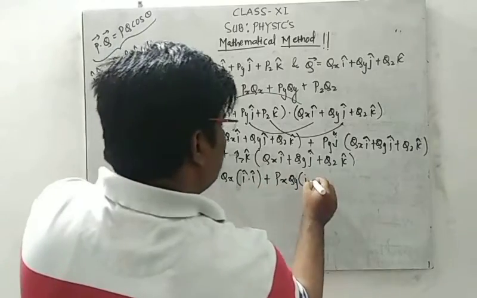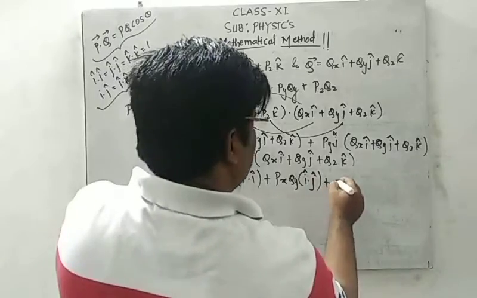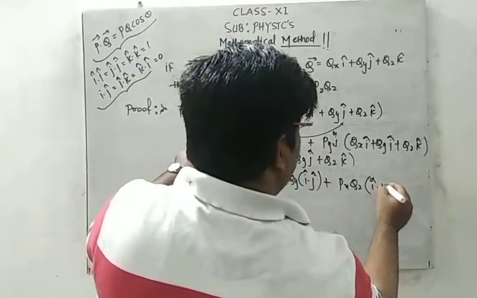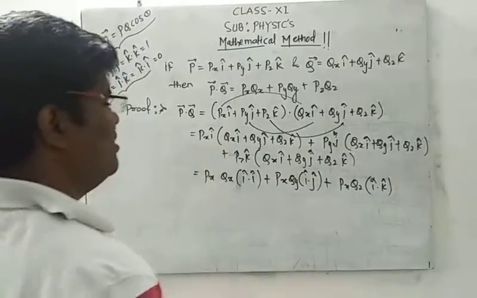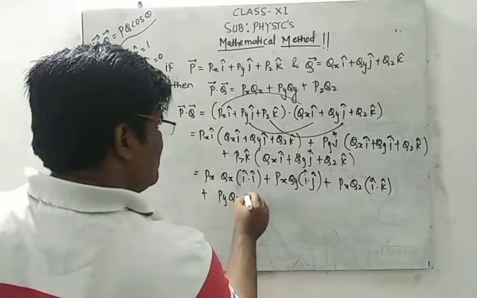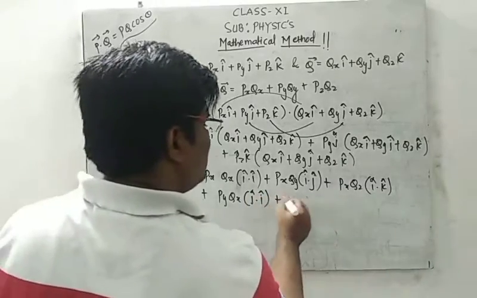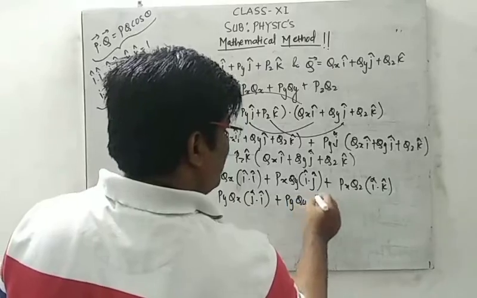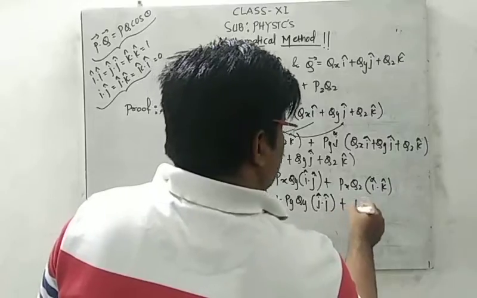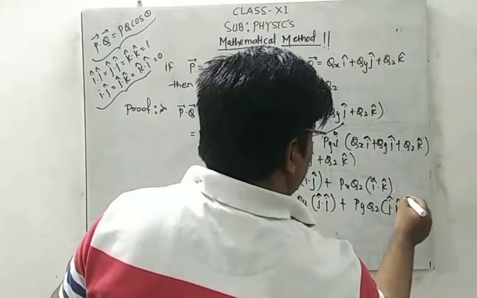The second term is plus px qy i cap dot j cap, plus px qz i cap dot k cap. Similarly, plus py qx j cap dot i cap, plus py qy j cap dot j cap, plus py qz j cap dot k cap.